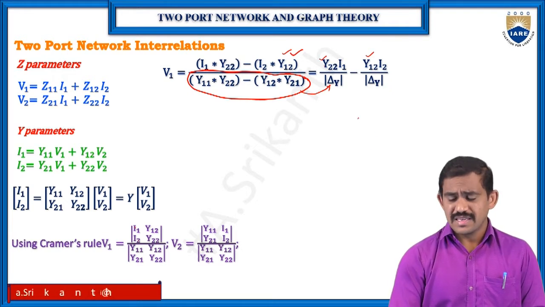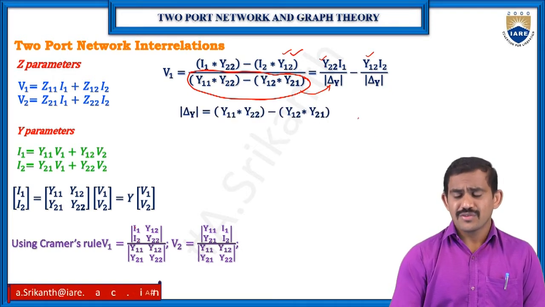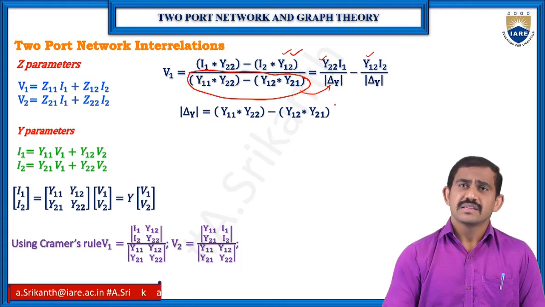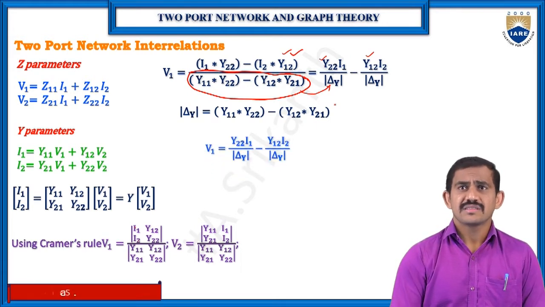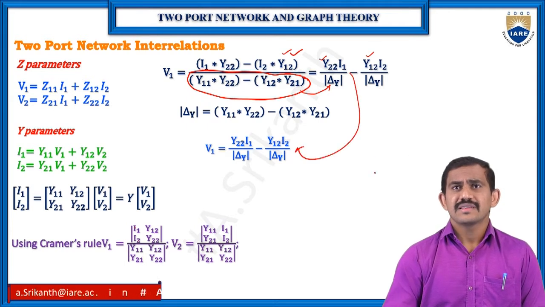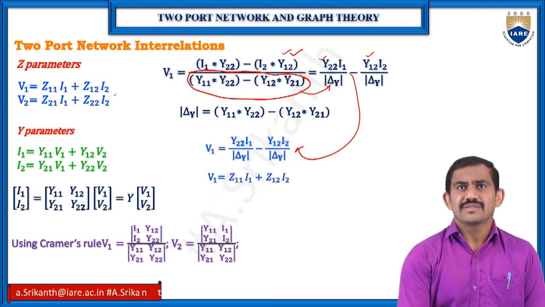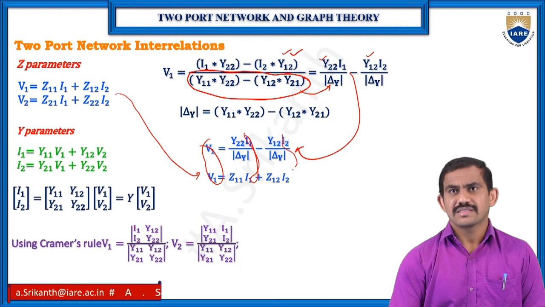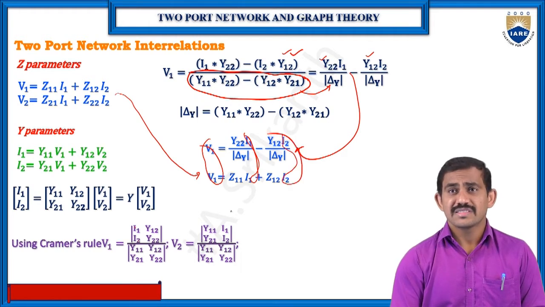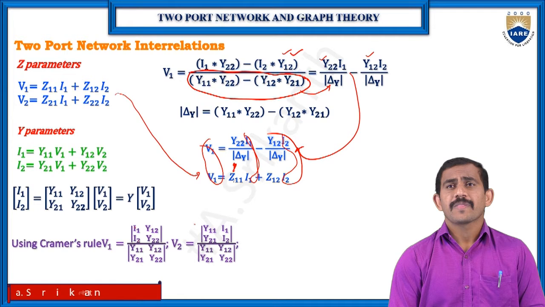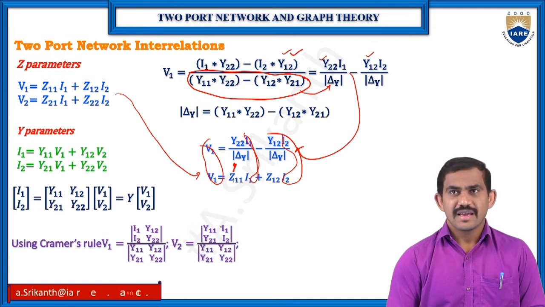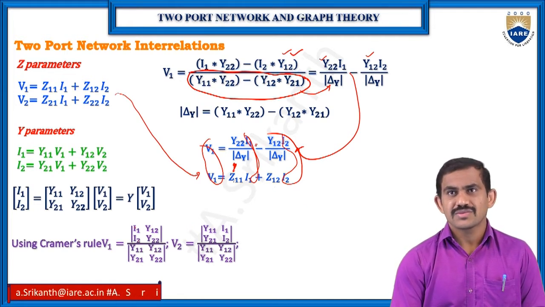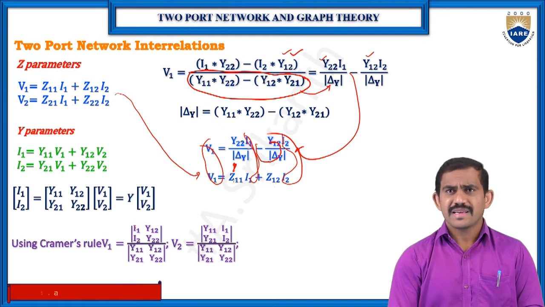Now if you compare this equation, del y is this total denominator, then this is your v1 value. Now compare with your z equation. So v1 as it is, i1 as it is, and i2 as it is. Now your z11 value is nothing but y22 by del y, and z12 value is nothing but minus y12 by del y, same for your v2 value.